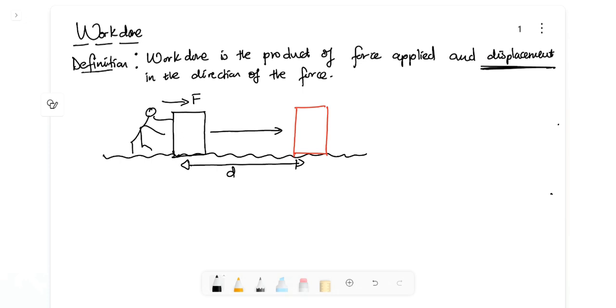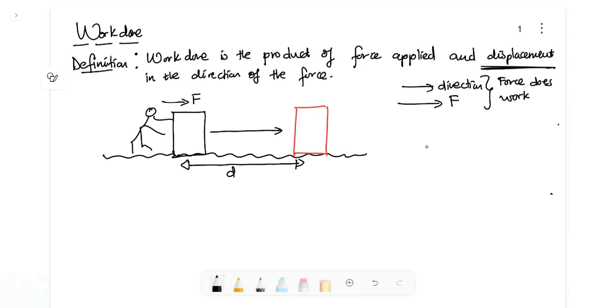But then we need to be very careful, because when the movement is in line, let's say the force is in this direction and also the direction of motion is in that same line, then in this case we say the force is doing work. Force does work.